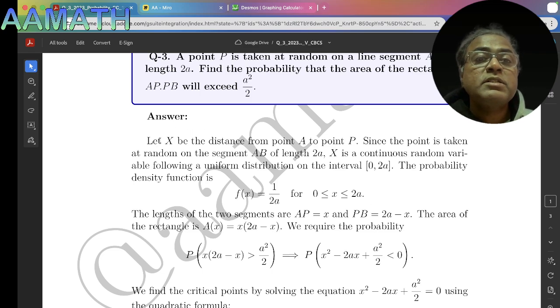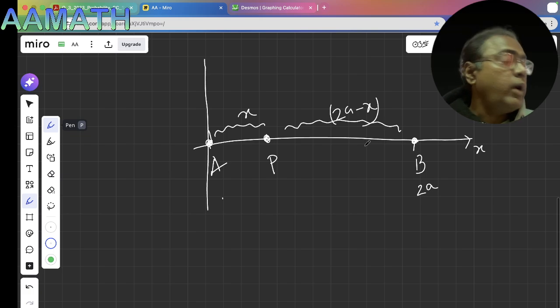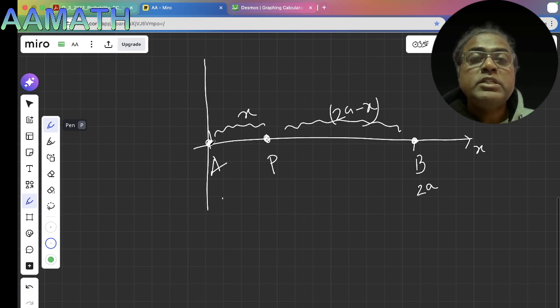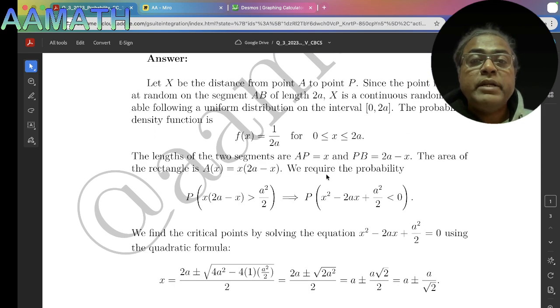This x represents the random variable corresponding to the distance of this point from the origin. The lengths of the two segments are AP equal to x and PB equal to 2a minus x.